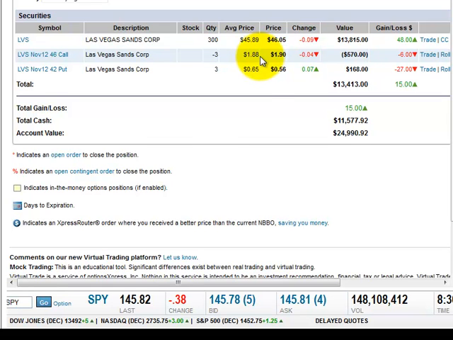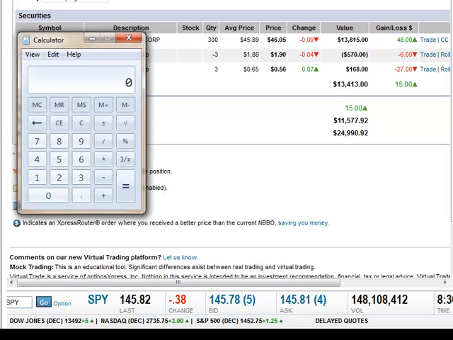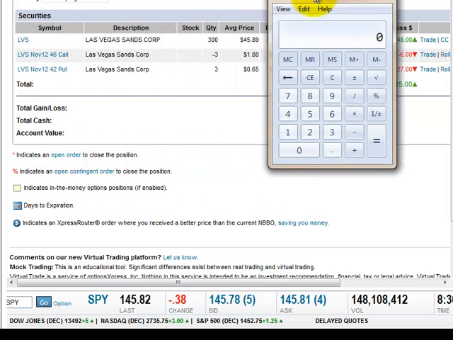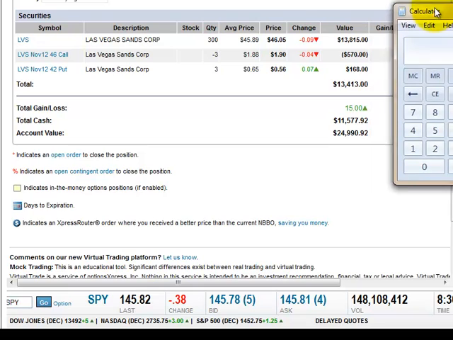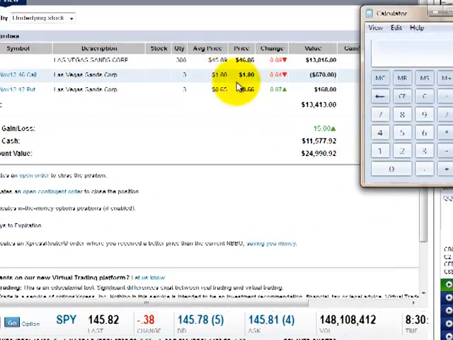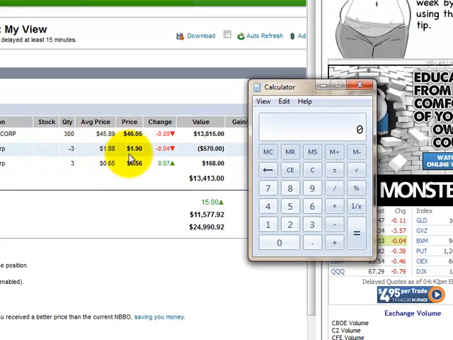So let's have a look now that it's been completed at what our actual percentage return has been on this one. If I pop this just here, we see that it's $1.88 we received as income. We had costs of 65 cents, so minus 0.65, and that leaves us with $1.23.